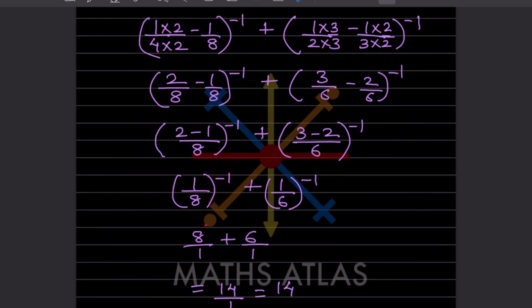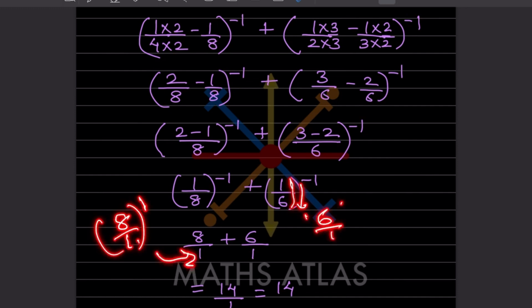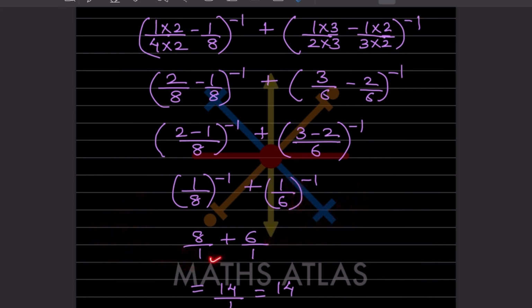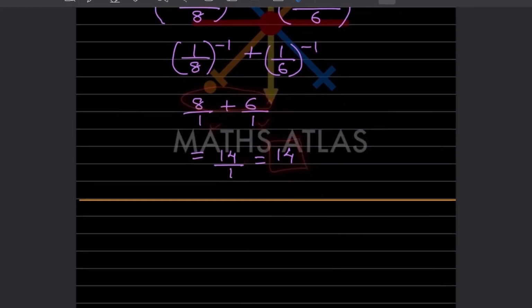So this became positive, means there will be raised to 1, that means you get the same answer. So I didn't write this step. Now again here same thing, if you want you can write this step, 8 divided by 1 raised to 1. So that is the same. Then you can write this step. Same for here, 6 divided by 1 raised to 1, and then this is the next step. So now you can see both places is 1. So this will be 14 by 1. That will be the answer is 14.